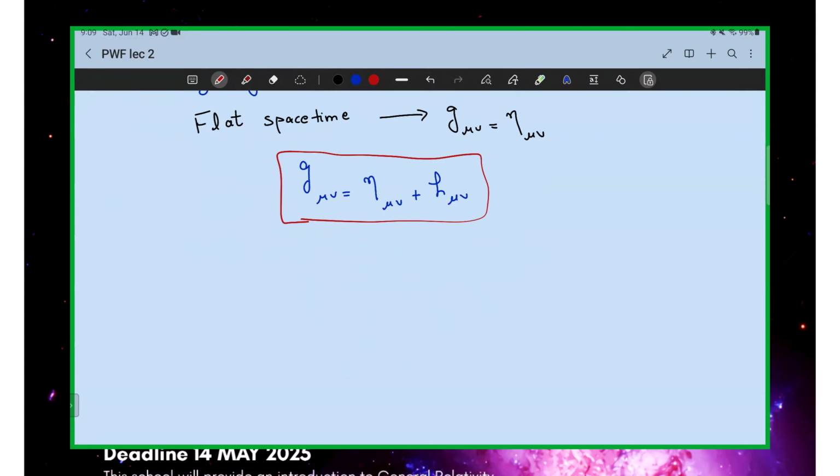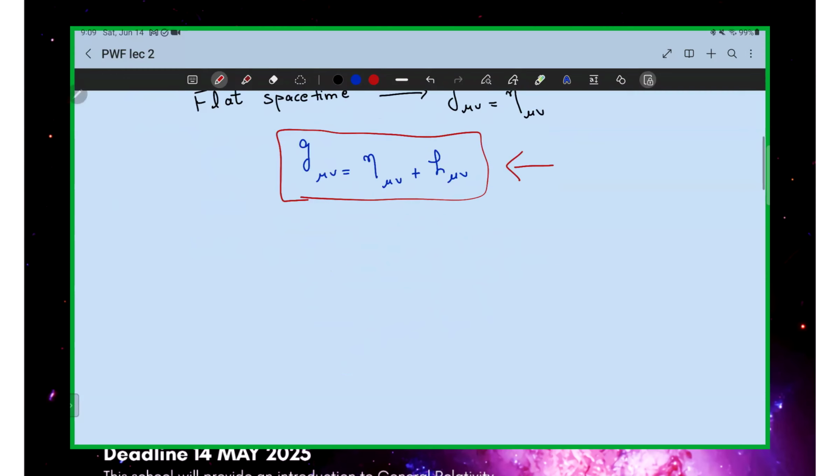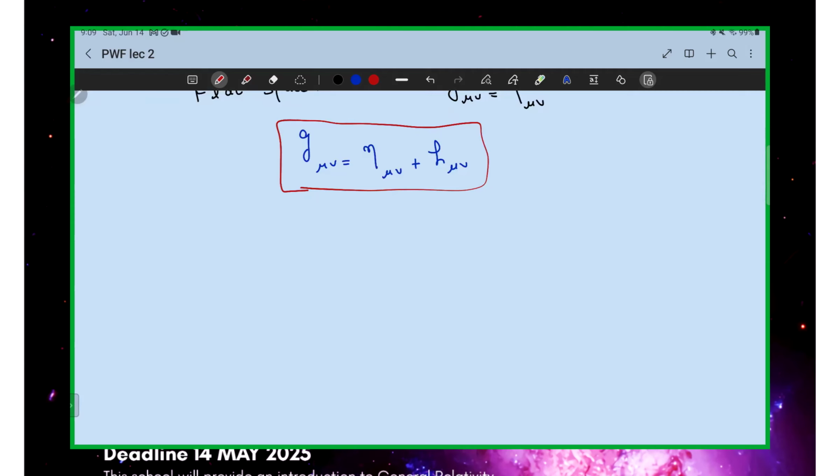Although the metric tensor is given by this, we need to raise and lower indices. For example, if you have some tensor like T mu nu and you have to raise its indices, we will just use eta mu nu to raise indices. Although the full metric tensor has h as well, we will raise and lower indices using the flat metric. Because if you use the full metric to raise and lower indices, that will give you some extra terms which are small.